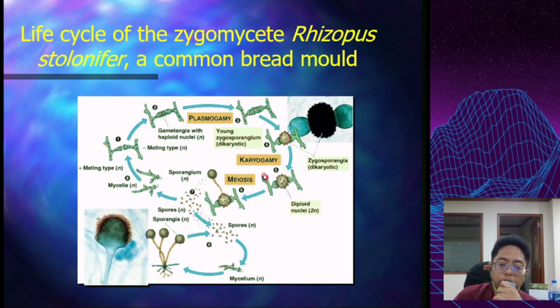That's the process. And then from this karyogamy, they will create a spore, a sporangium within the spore, and the spores are all actually a combination between these two types of fungi.